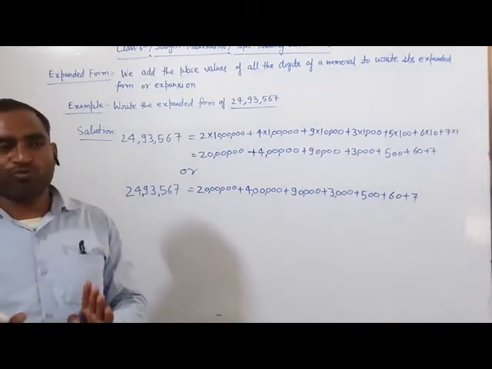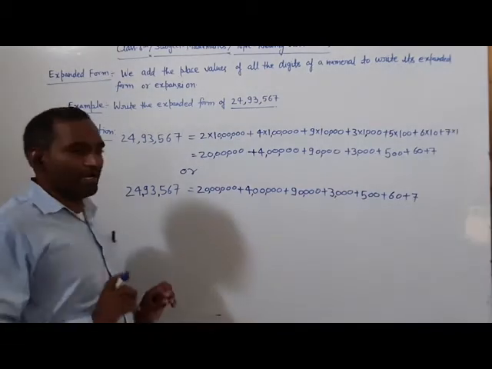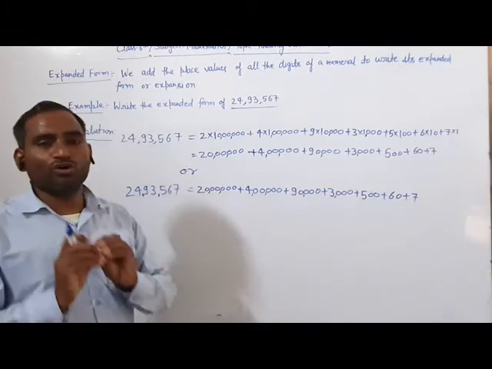All of you should know one thing: the place value and face value of 0 is 0.